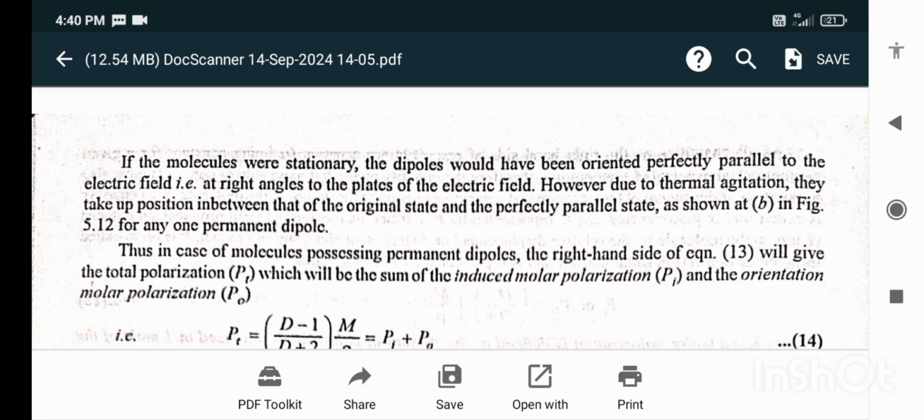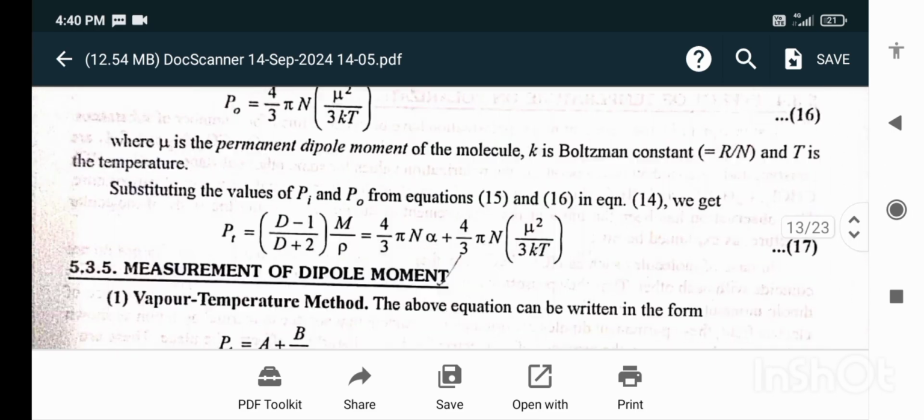However, due to thermal excitation, they take up positions in between the original state and the perfectly parallel state. Thus, in the case of molecules possessing permanent dipoles, the right hand side of equation 13 will give total polarization, which will be the sum of induced molar polarization and orientation molar polarization.